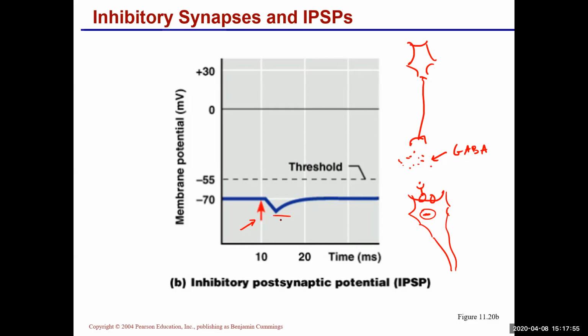All right. So I'm going to elaborate a little bit, and then I'll give you an example of why we need inhibitory and excitatory postsynaptic potentials, or the inhibitory one, to begin with. What's the big deal about it? All right. So let's draw this separately so you can see it a little bit better.